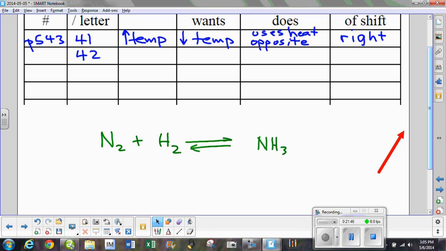Now, we have to figure out whether we need to do an endo or exo type of reaction. What is this? How do you know? Okay, positive kilojoules.